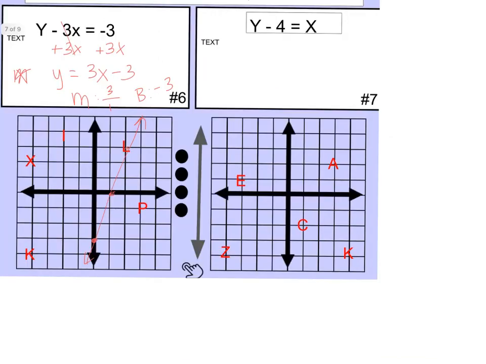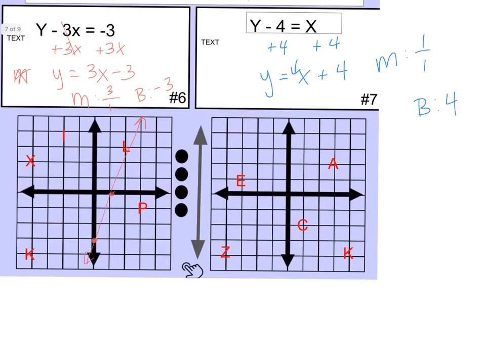And while we're at it, we'll do number 7. Same thing here. We want to get y by itself. So I'm going to do the inverse of -4. I'm going to add 4 to both sides. That gives me y equals x plus 4. Now my m, my slope, is the coefficient. So what coefficient comes before x? That's positive 1 over 1. b is going to be positive 4.